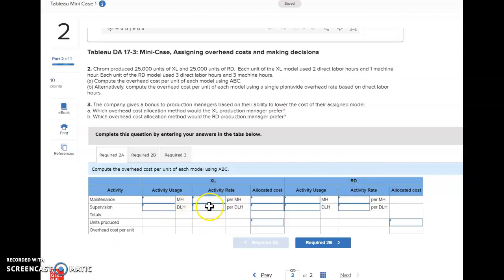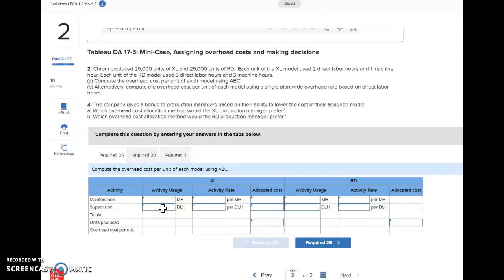So we've got these activity rates that we've calculated from the previous part, and then the machine hours for XL. Okay. So we're told there's 25,000 units, and then we can multiply that by the number of machine hours per unit to get the total machine hours for the XL.